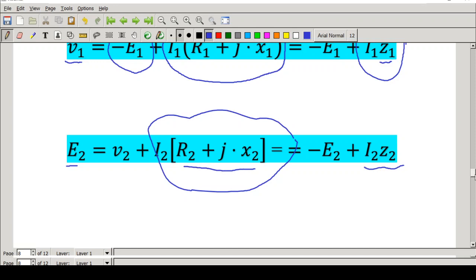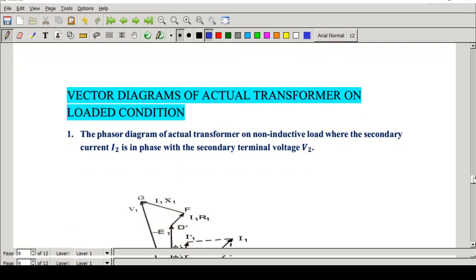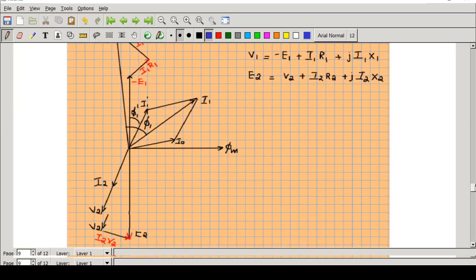These two equations are very important. It is not very difficult. It is very simple. Input voltage V1 minus voltage drop will be equal to minus E1. Similarly, the induced EMF in the secondary E2 minus the voltage drop will be equal to the terminal voltage V2. So based on these two equations, we can draw the vector diagrams for an actual transformer on loaded condition. So this is the diagram.